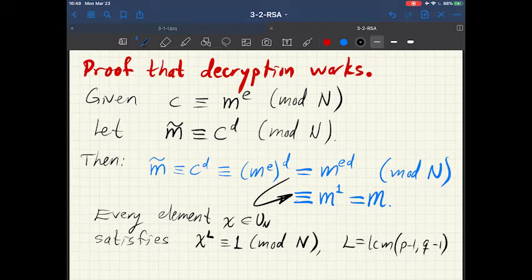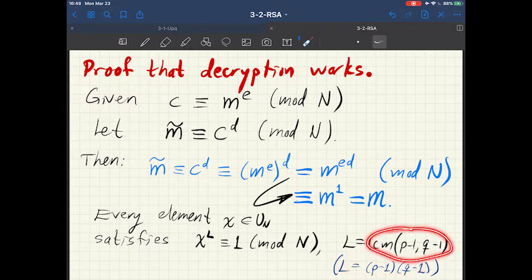This is still true if you replace L with just the product p minus 1 times q minus 1, simply because L is a divisor of that product. But that's not a major thing.